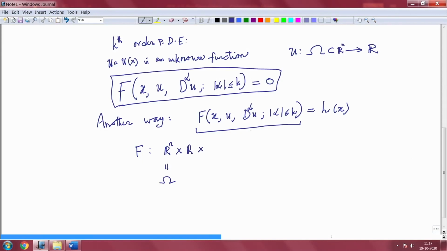Then you have some alpha, and it depends on how many terms are coming, so it may be some R^L for some L, depending on how many terms. We will come to that a little more when you write the first order equations. So, that is the way a general PDE of kth order is written.